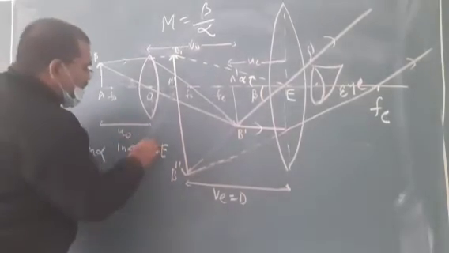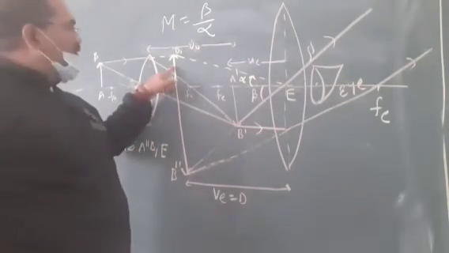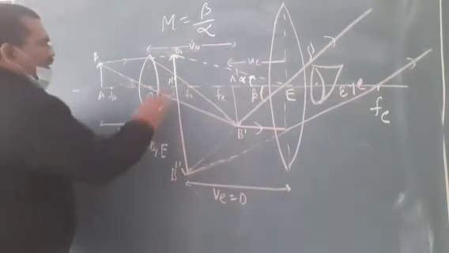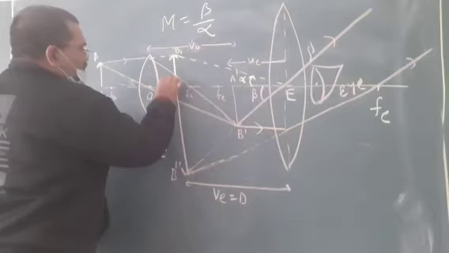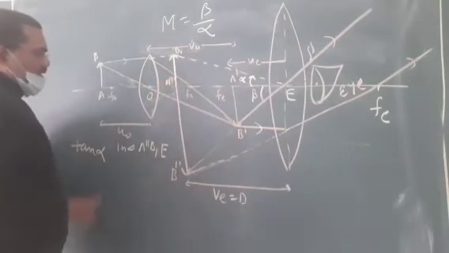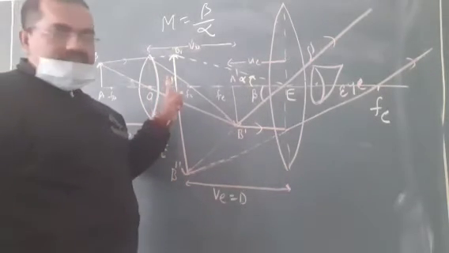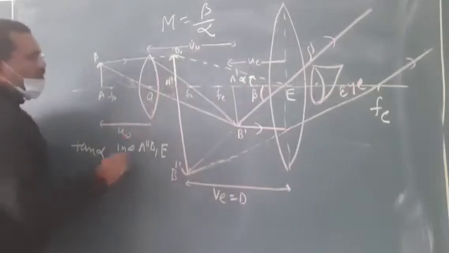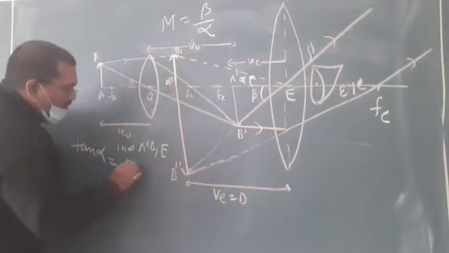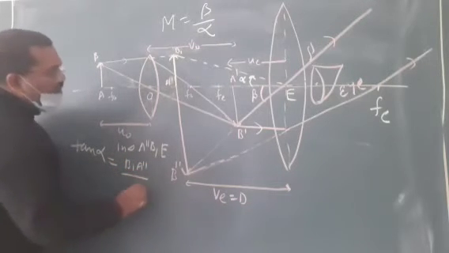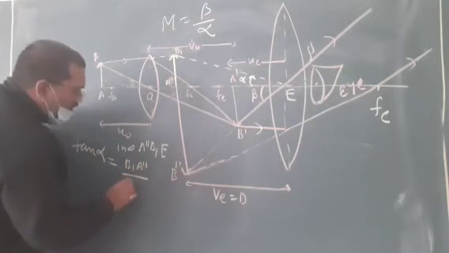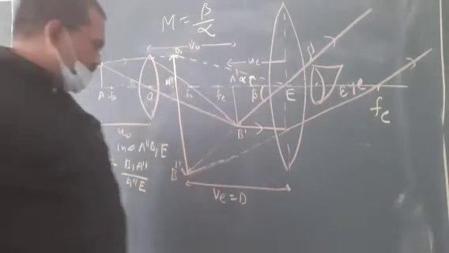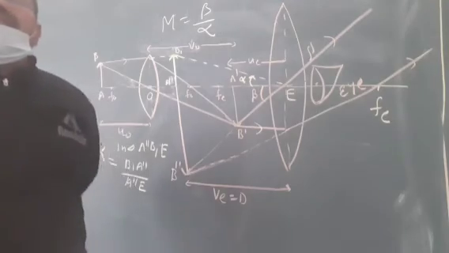In triangle A double dash B1E, tan alpha equal to B1 A double dash upon A double dash E.